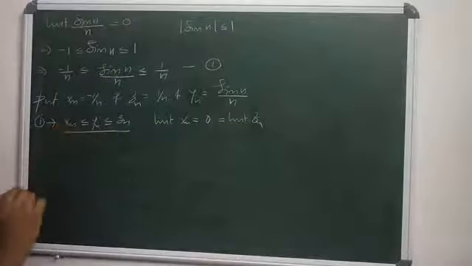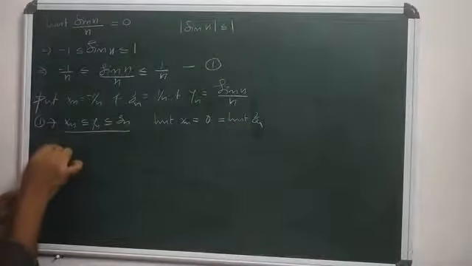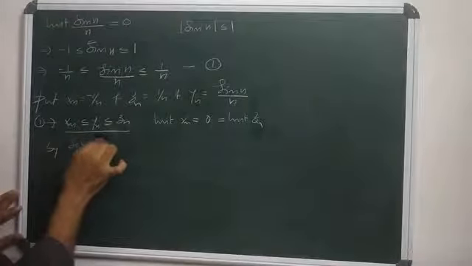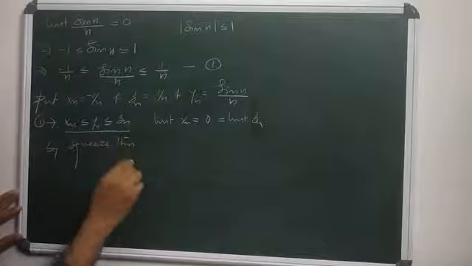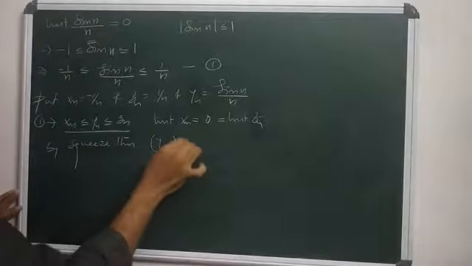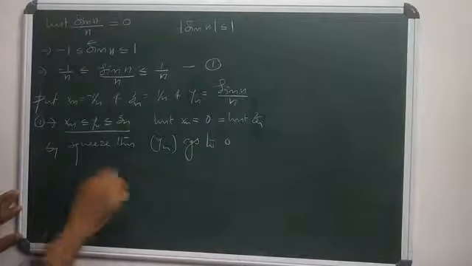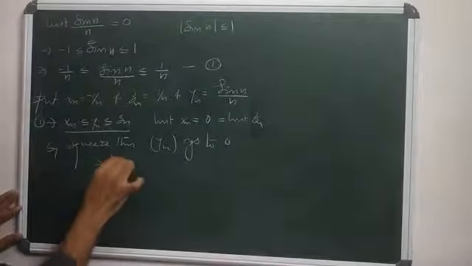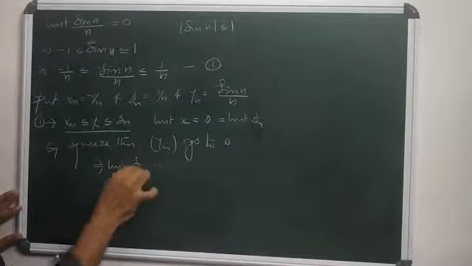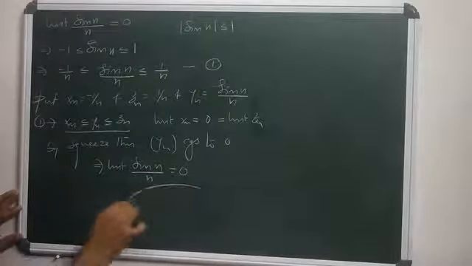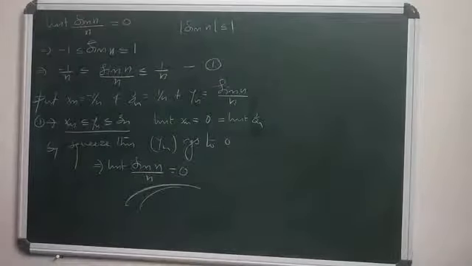Moreover, xn is less than or equal to yn, which is less than or equal to zn. So by the squeeze theorem, we can conclude that yn converges to 0. That means limit of sin n by n equals 0. So the proof is done by using the squeeze theorem.